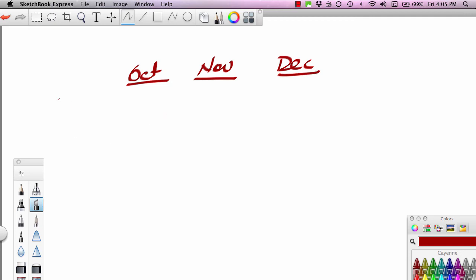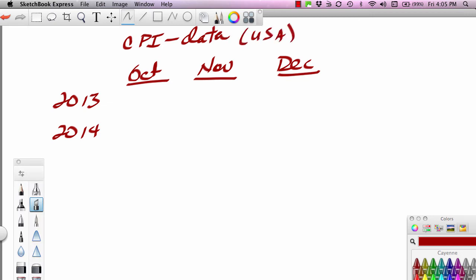So I'll set them up in a table here. I was just going to sketch them out a different way, but let's do it this way. So this is CPI data. Of course, this is USA. And here are actual index numbers taken for 2013 and 2014. So the last 3 months of these 2 years.